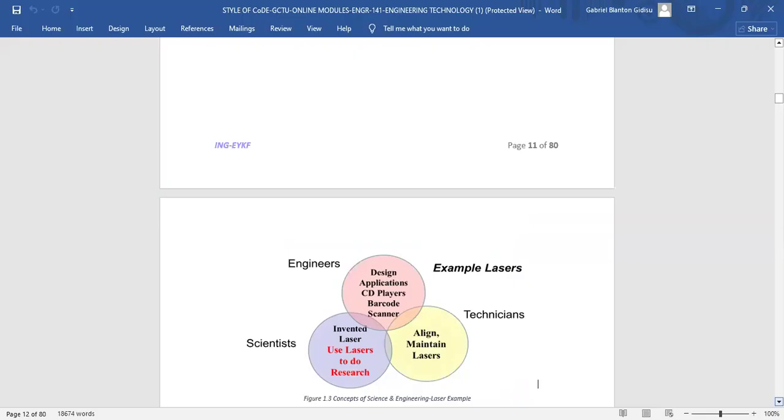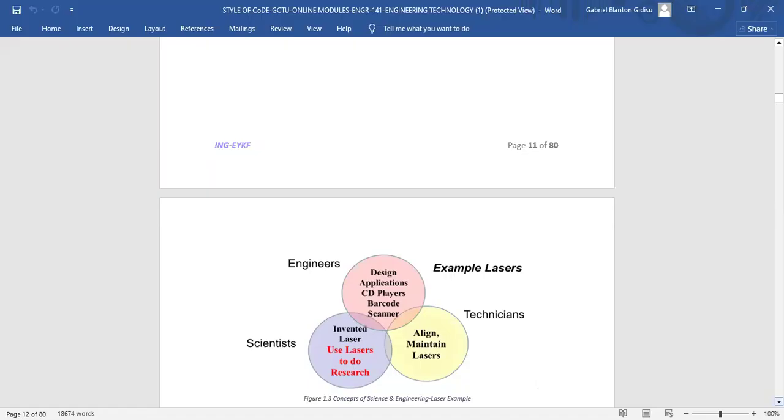So the scientists invented the laser machine and use lasers to do research. Then the engineers design applications from the laser. Okay, so several things will come from the laser that has been discovered.